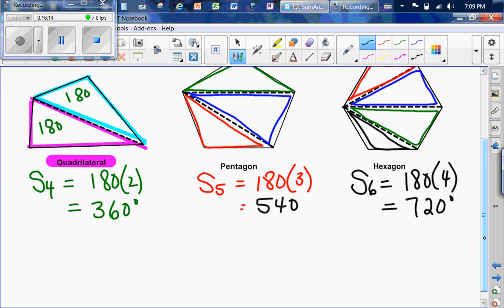Now, if we take this information, we can make a general formula: 180 times the number of sides minus 2.